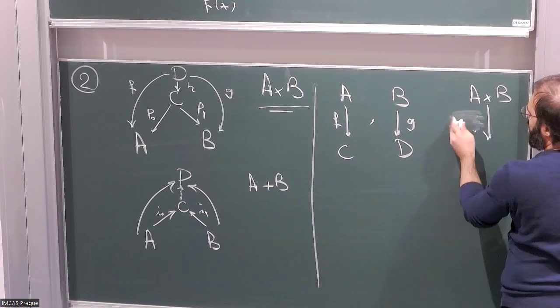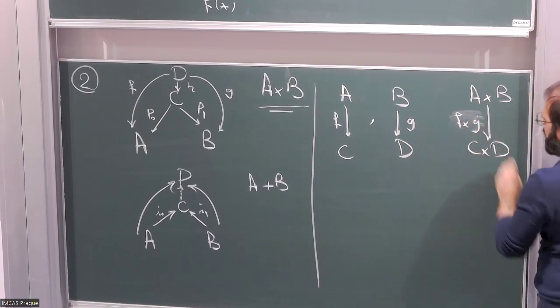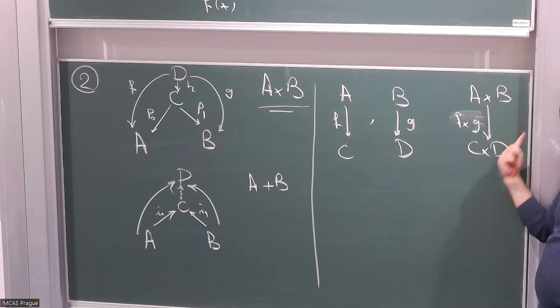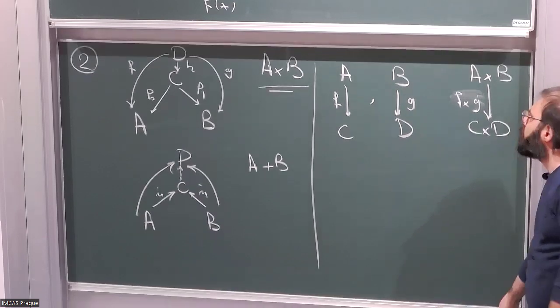That's misleading, but let's say this. It reads a pair and computes F on the first, G on the second, right? So is it possible to have the same in any category? And the answer is yes, of course.